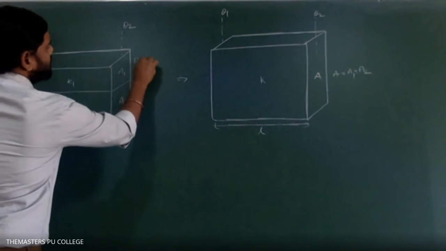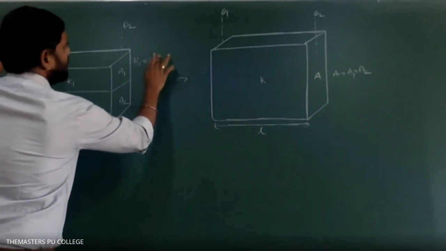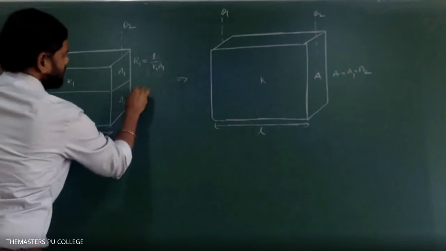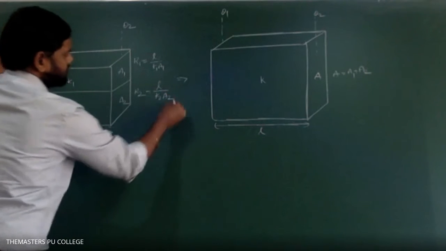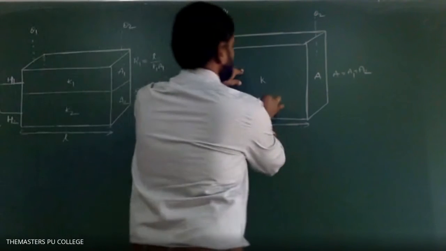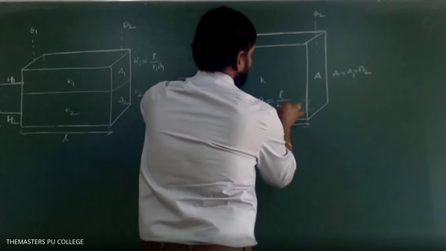As you know, R1 equals L by K1 A1, that is L divided by K1 A1, and R2 equals L upon K2 A2. What is the equivalent thermal resistance? Here the equivalent thermal resistance R equals L upon KA.